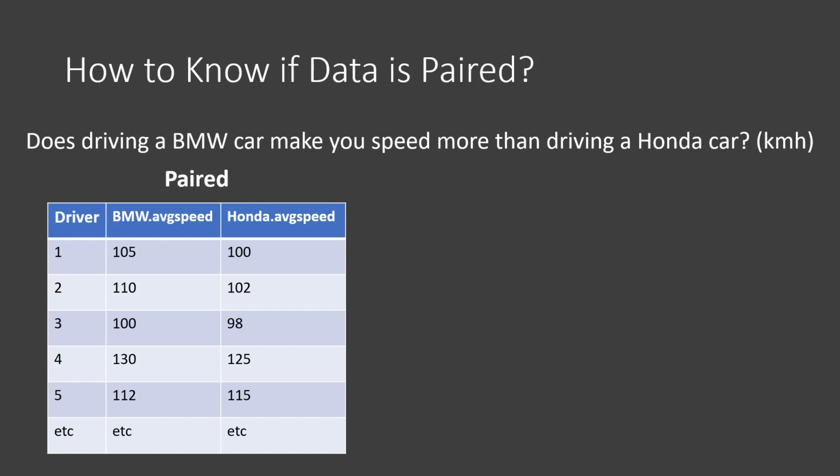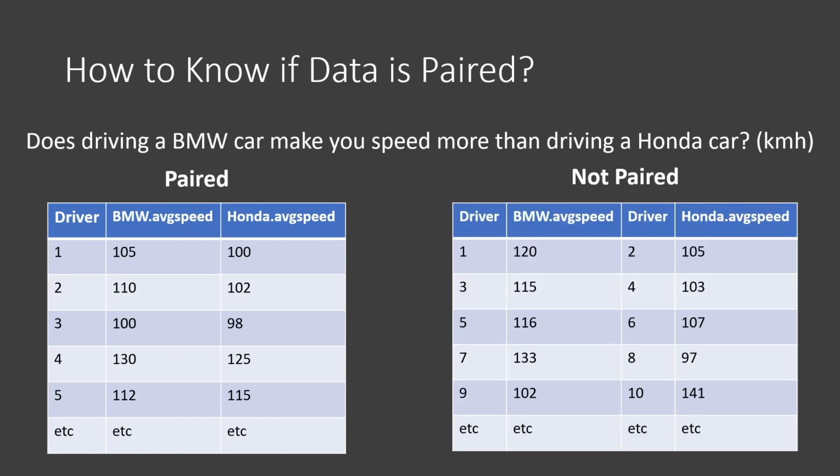Now a non-paired question will have data like this. So in this case, you can see that the BMW group has drivers 1, 3, 5, 7, blah blah, and the Honda group has drivers 2, 4, 6. So you can see basically a non-paired question has two groups with independent people, all right, that are not used between each of the groups, all right.